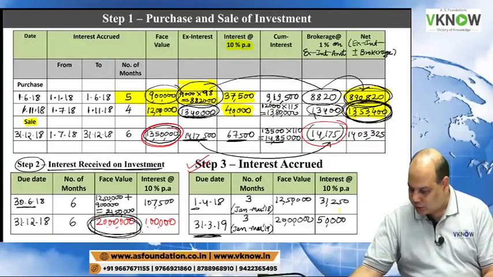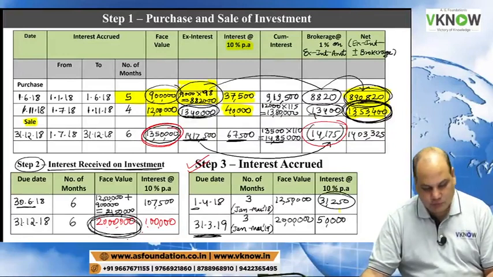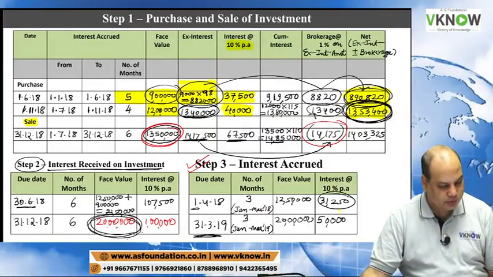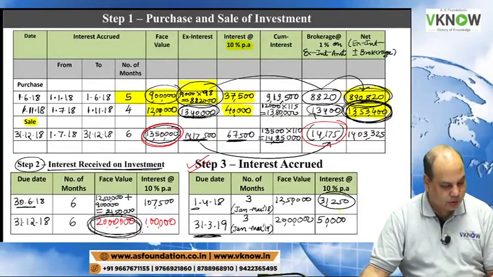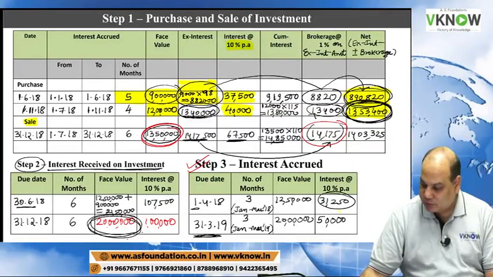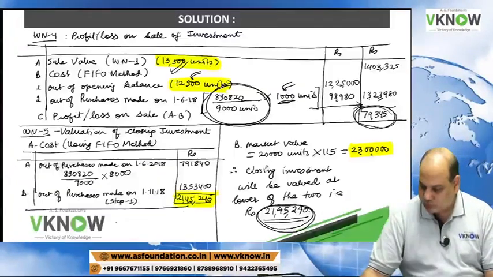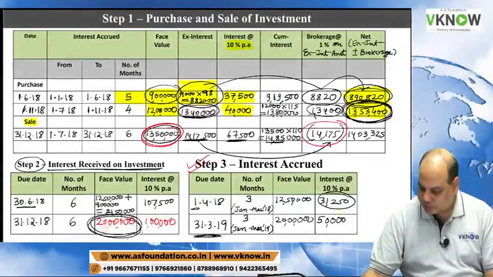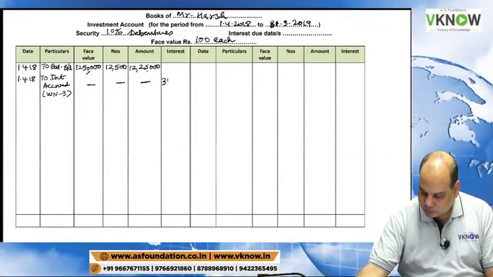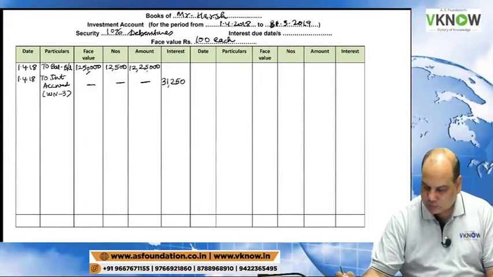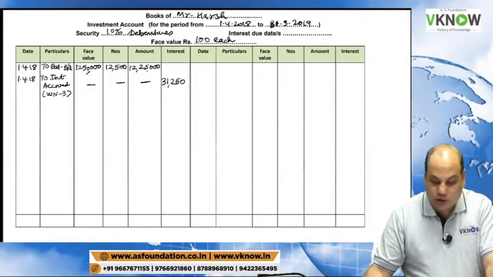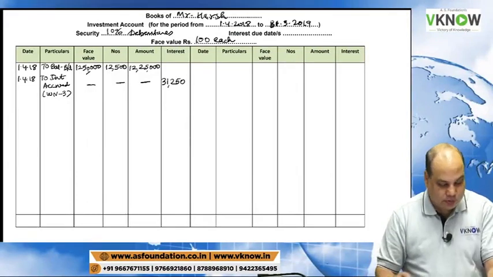Working note 3, right hand side below, 31,250. Is it 31,250? Say yes. 31,250 is right. You people are genius.